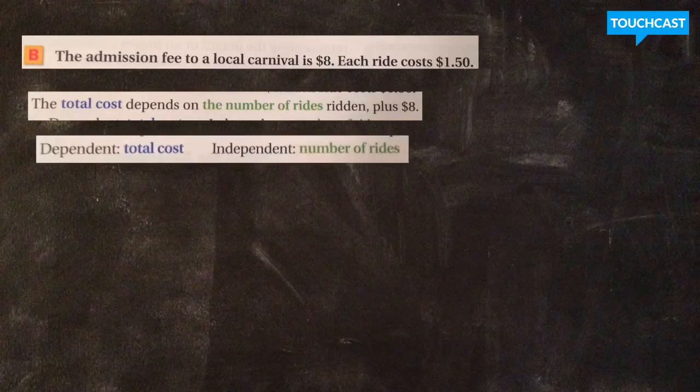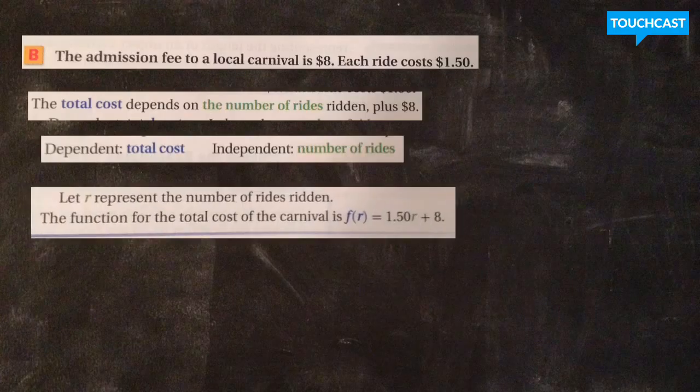So our dependent variable is the total cost, and our independent variable is the number of rides that we go on. So we can let R represent the number of rides that have been ridden at the carnival. Then we can write the function for the total cost of the carnival as f of R equals 1.50 times R plus 8.